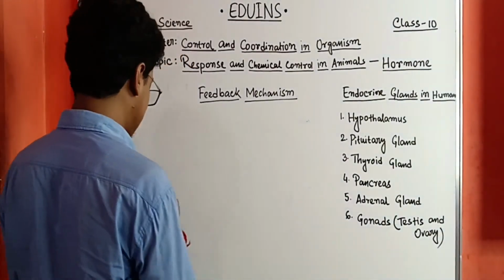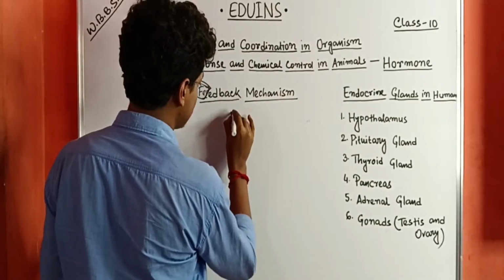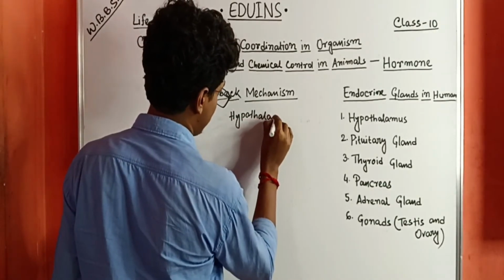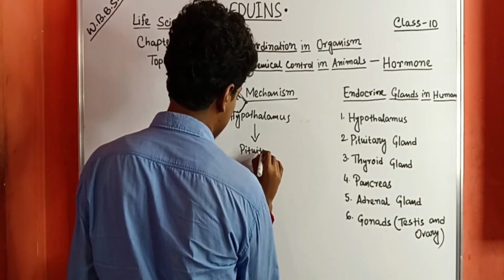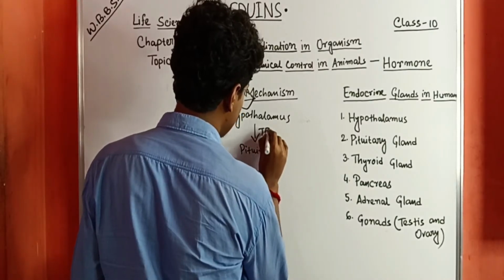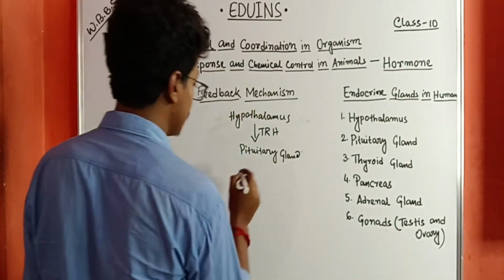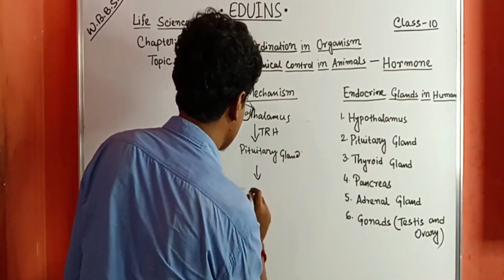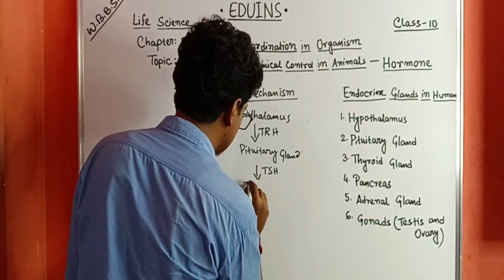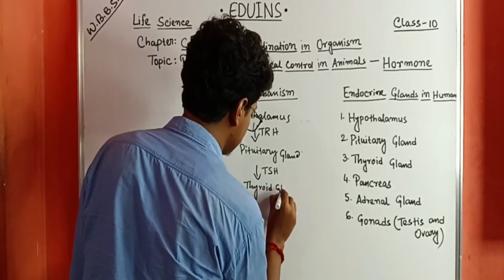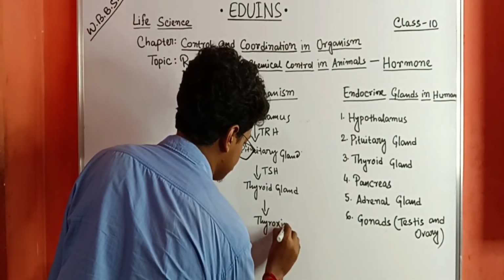So feedback mechanism, if I take an example, the hypothalamus releases a hormone to regulate the pituitary, that is TRH, thyrotropin releasing hormone, to make the pituitary gland release thyroid stimulating hormone to stimulate the thyroid gland to release thyroxine.